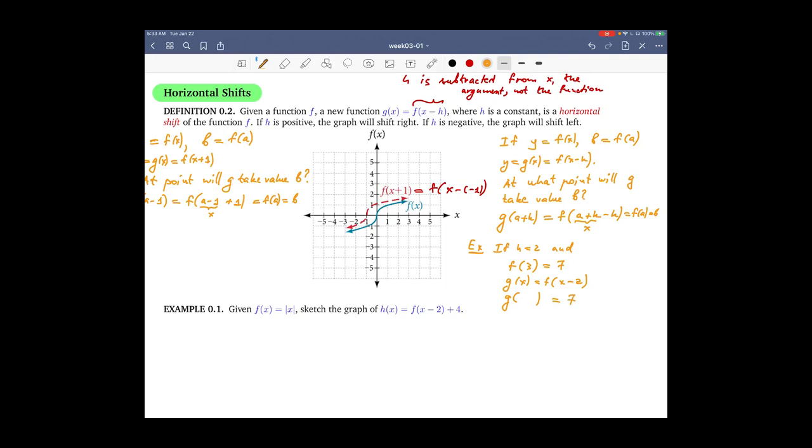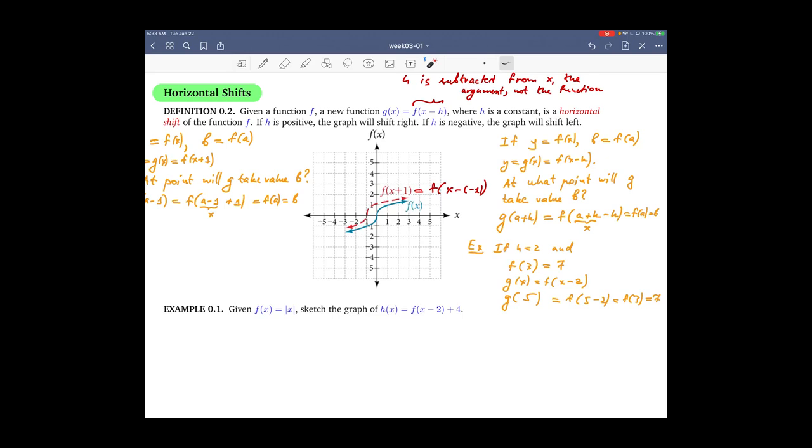We can see that g will take value 7 at 5. That is because g at 5, by the definition of g, is f at 5 minus 2, which is f at 3, which is 7. So subtracting positive h from the argument of f corresponds to shifting the graph to the right.